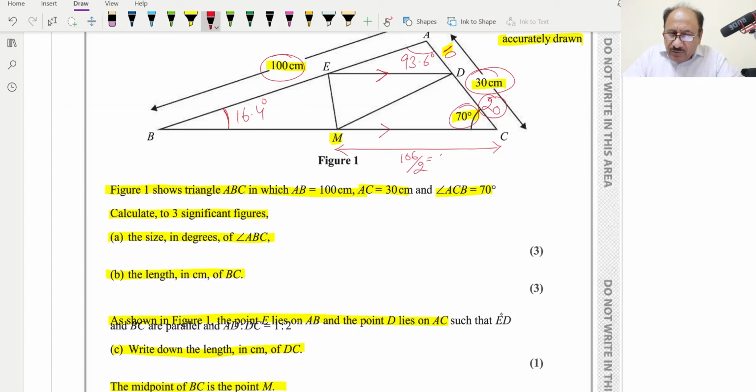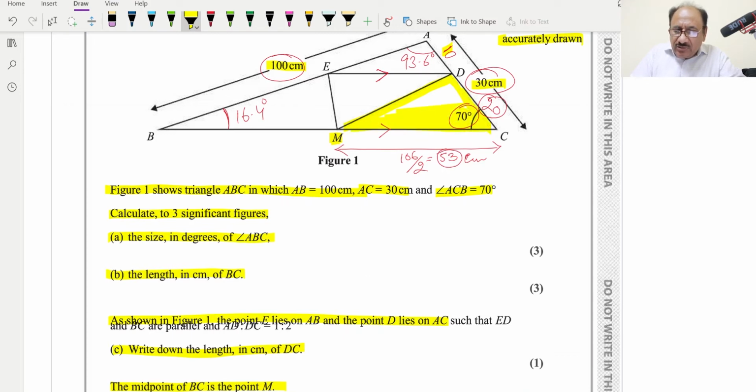So 2 5s are 10 and 2 3s are 6. So 53 centimeters will be the MC side, and the DC side we already calculated as 20, and the angle is 70. So we can find the area of this triangle which we are shading right now.